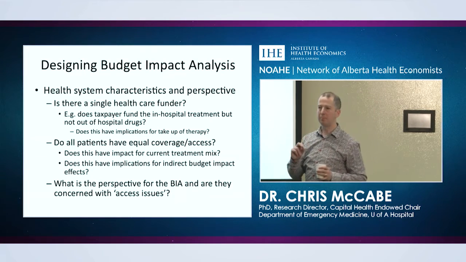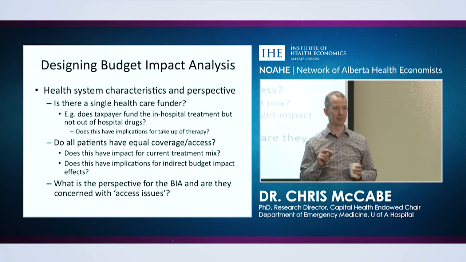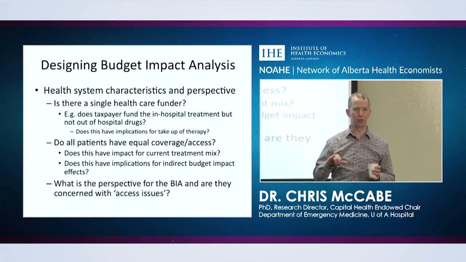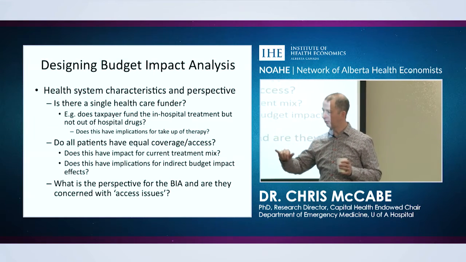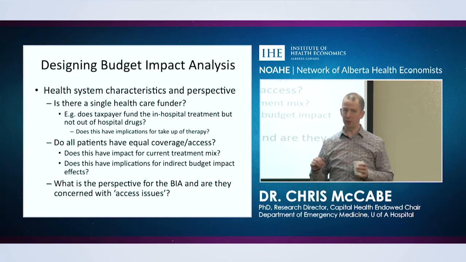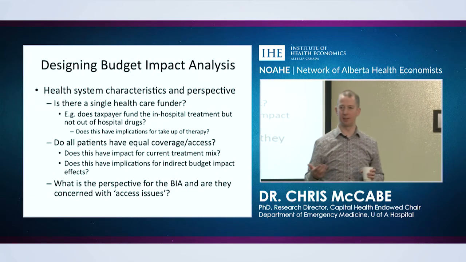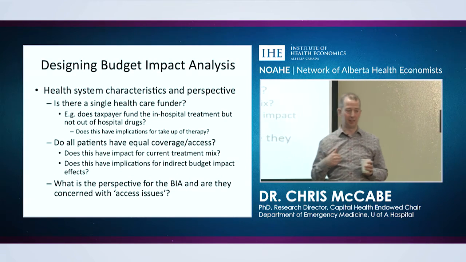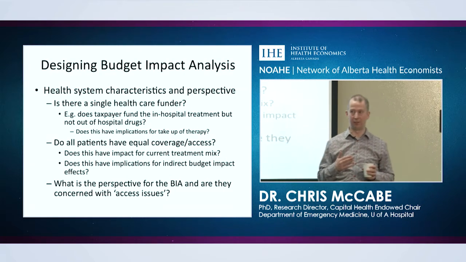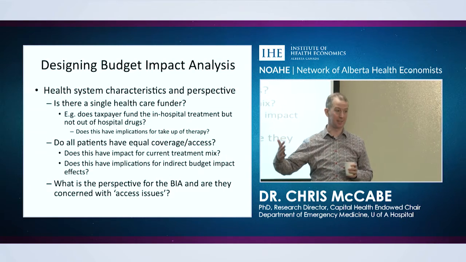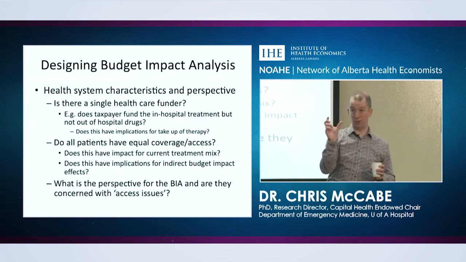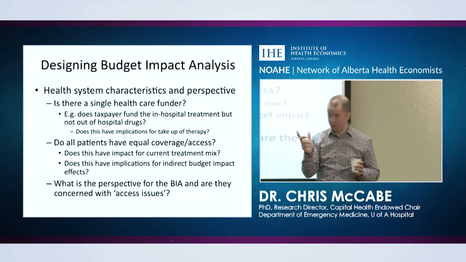That will impact upon uptake. If you have a health system that's structured with multiple funders, then assuming that you're going to get 100% uptake is going to lead you to make an incorrect and almost certainly substantially overstated estimate of the budget impact just for the immediate drugs.